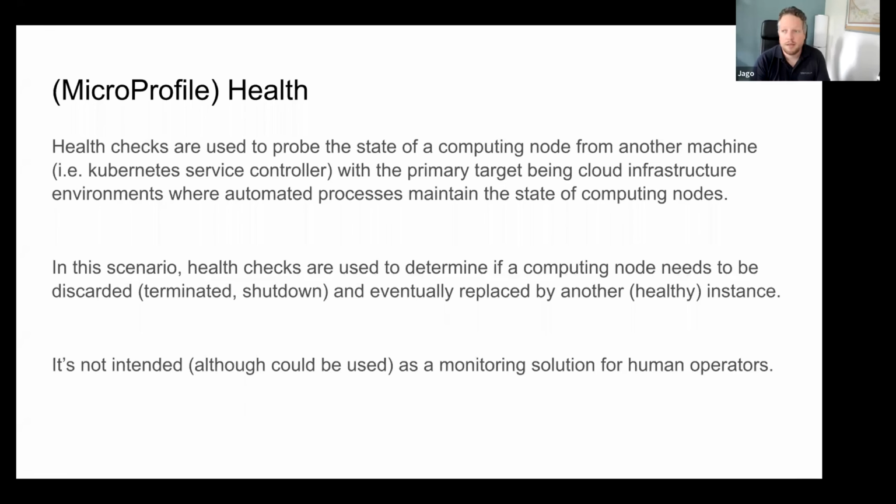So health checks are used to probe the state of the running application. With health, you get an additional endpoint in your application that will expose if the application is running, and if everything is fine, then you will get an HTTP 200.